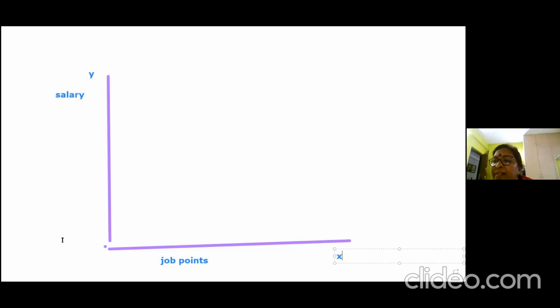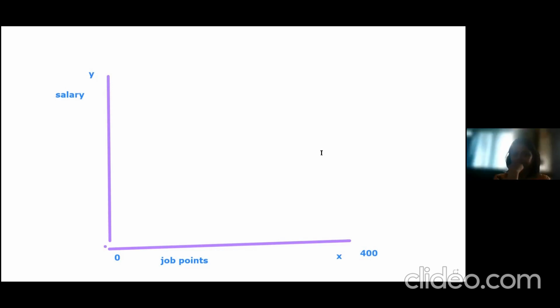This is clear? This is clear? So this will be essentially 0 to, very clear? Your own data, 0 to 400 points. Okay, all jobs which are there.